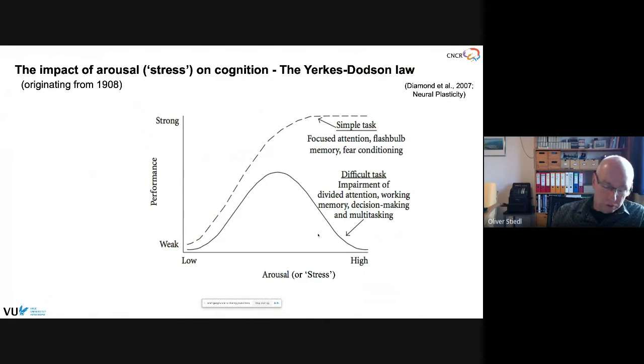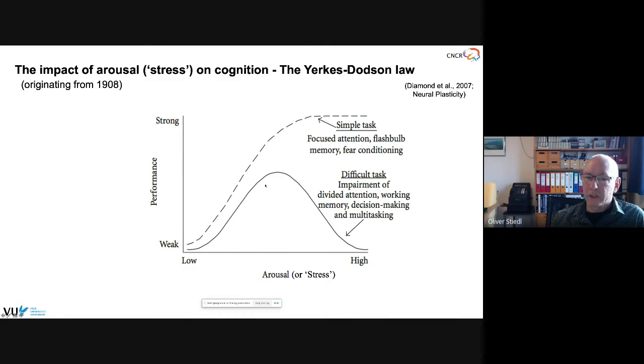And this brings us to a very important principle, which is the stress impact or the arousal impact on performance. And this is referring to the Yerkes-Dodson law, which originates in 1908 and is well known in psychology. If we do simple tasks and there is a low level of arousal or stress or motivation, there is a low performance and you reach a saturation.